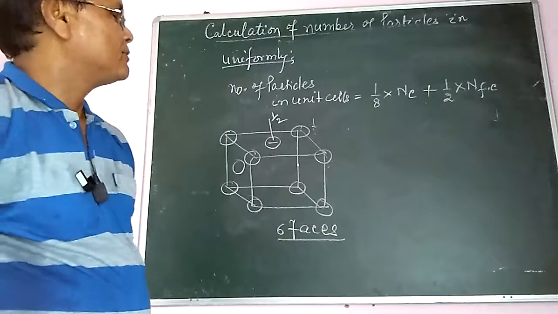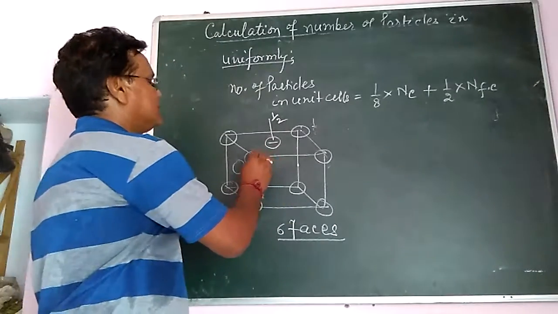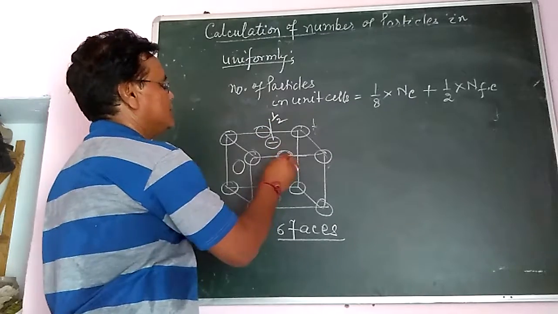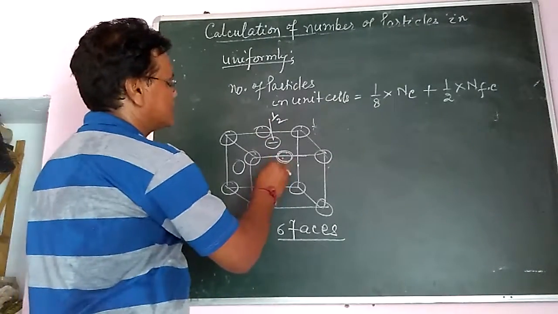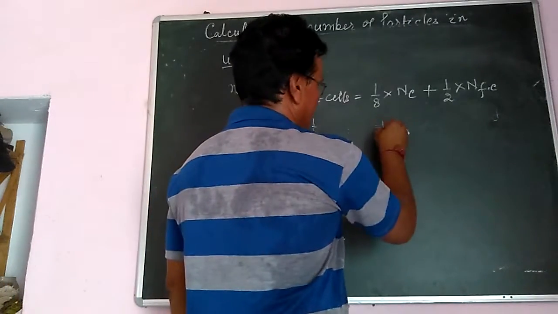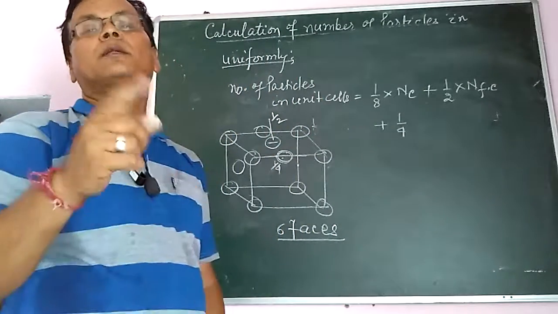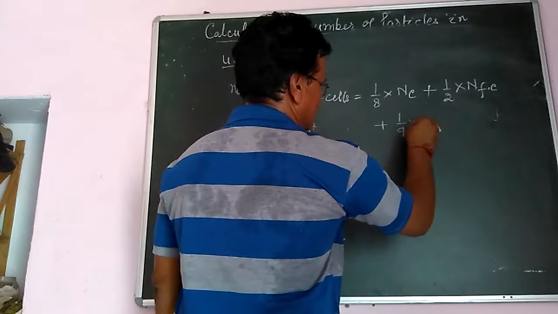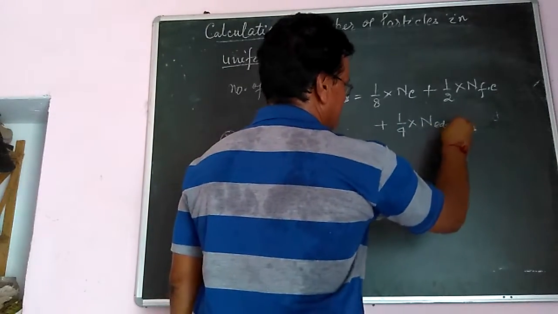Is it clear? Again, particles lying at the edge: their contribution in the unit cell is 1/4. So we write 1/4 into the number of particles at the edges.